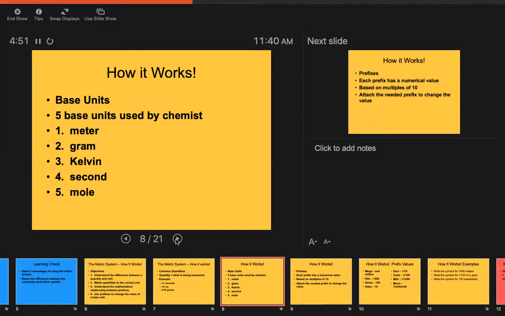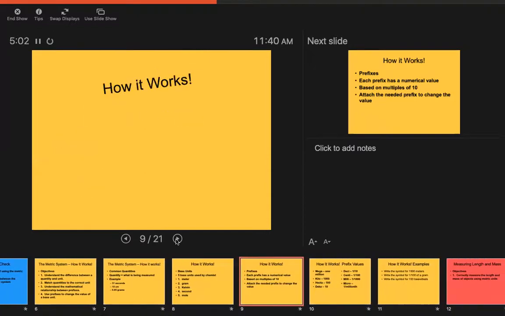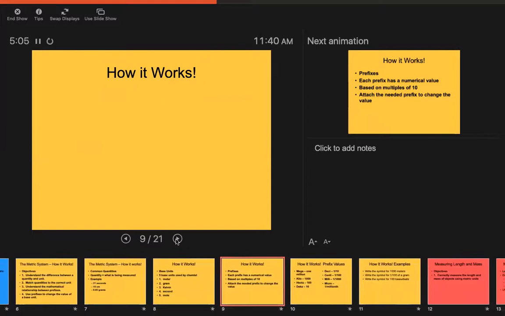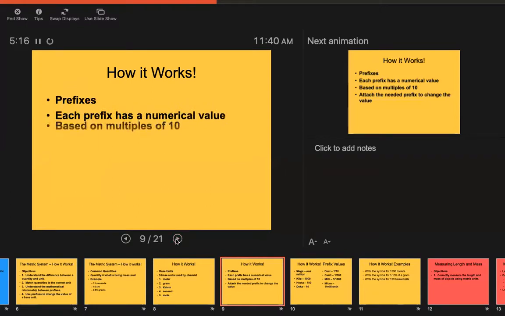All right, so we have our base units, and our base units measure quantities. So whatever we're trying to measure, we pick the appropriate unit. And then if we have a base unit, we can take prefixes and attach them to these base units to help us have a better measurement sequence. Every prefix has its own numerical value, and they're all based on multiples of 10. So if the base unit is 1, we're either going to multiply or divide by 10.